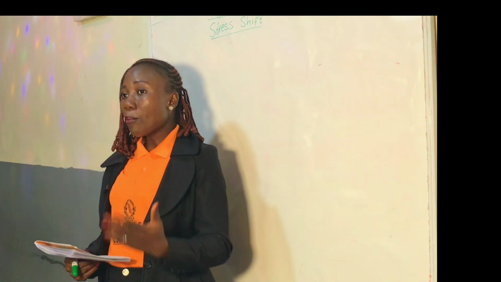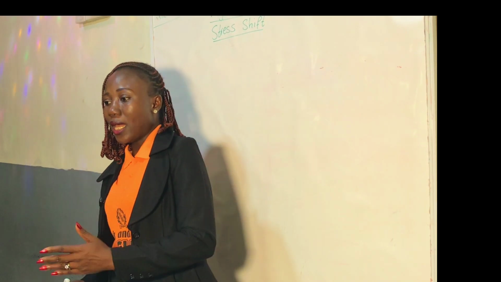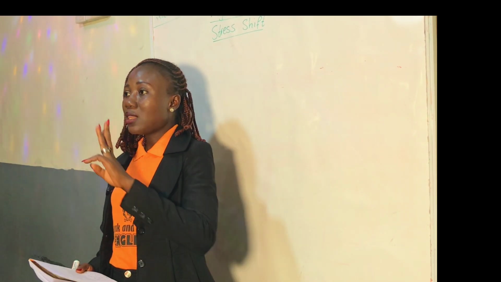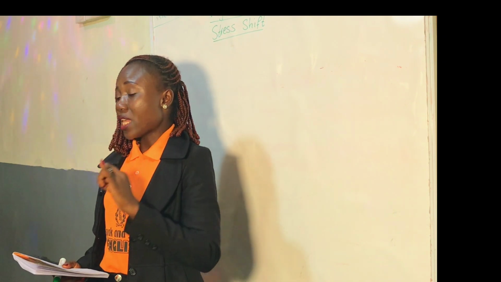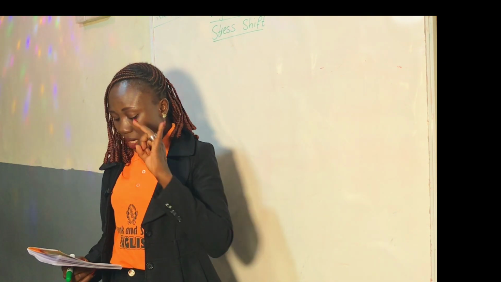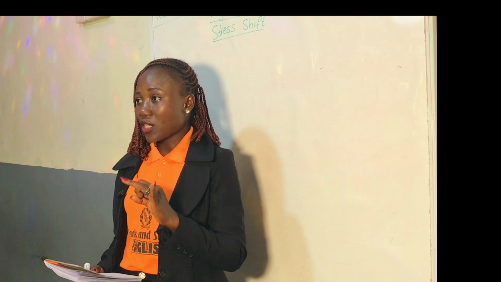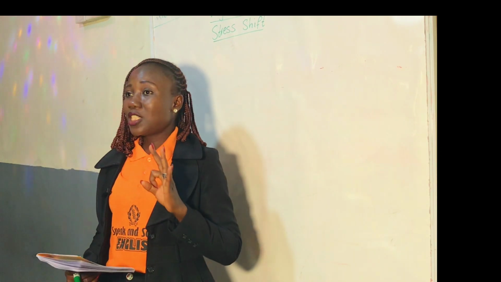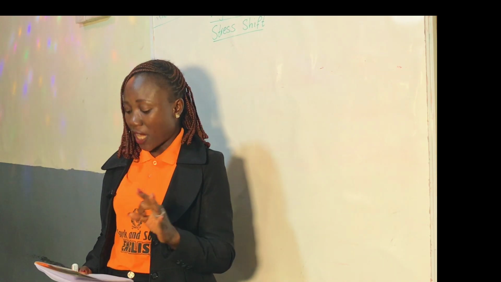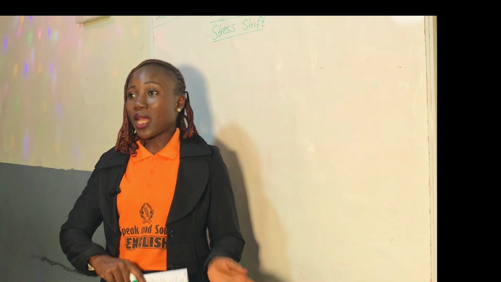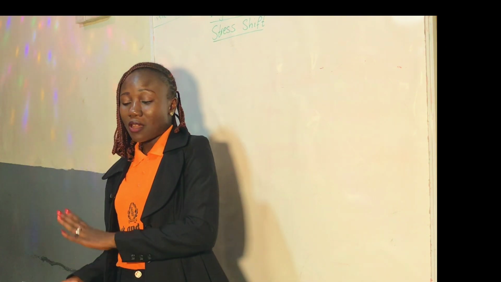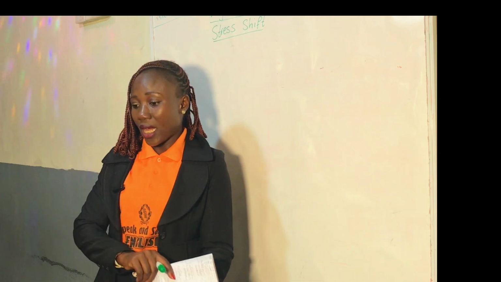When we move stress from the first syllable to the second syllable, it does 3 things. 1, it can affect the pronunciation of that word. 2, it can affect the meaning of that word. And 3, it can change the grammatical function of that word. That simply means if the word is a noun, it can become a verb. And if it's a verb, it can turn to a noun.